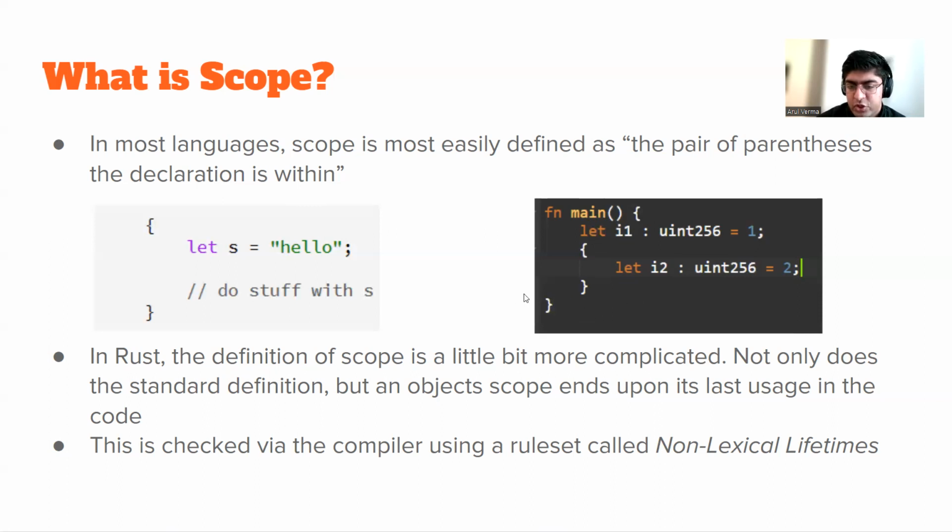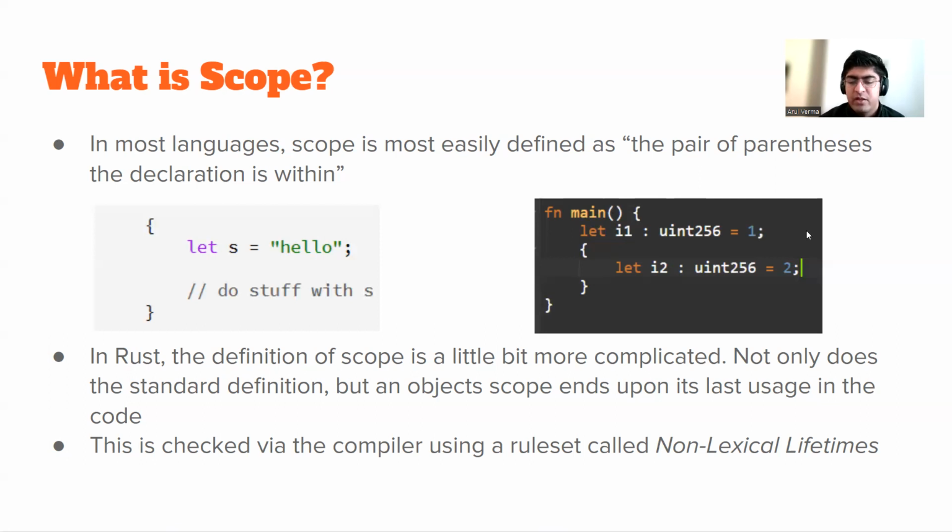So if we were to check here what's in scope, in other programming languages, after these curly braces, only i1 would be in scope because i2 existed in scope between these two curly braces, and then it went out of scope, which makes sense in every programming language. But over here, i1 should in theory still be in scope because it's still within the curly braces of main. But in reality, what has happened is Rust has said this is the last usage of i1 ever. So it's out of scope after this line.